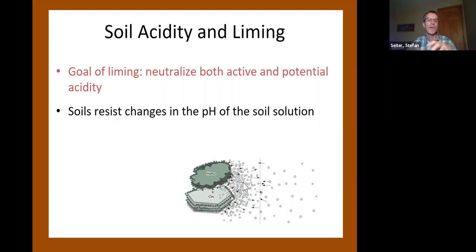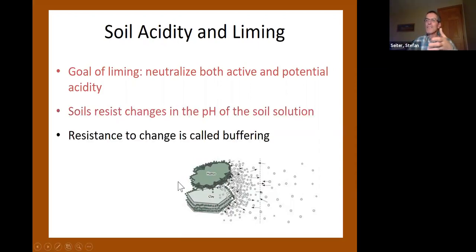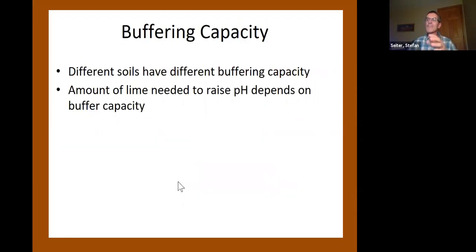The more little tiny particles we have in the soil, the more surface area it has, and the more it resists the change because it has more of these negative docking stations, basically. And so that's what we call the buffering, and that has implications to how much we need to lime. And different soils have different buffering capacity. And the amount of lime we need depends on that buffering capacity.